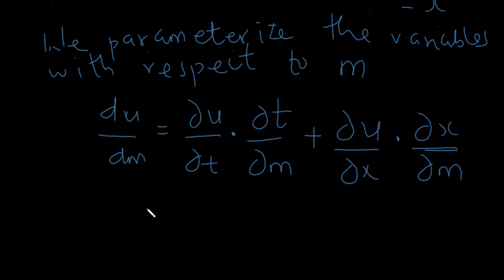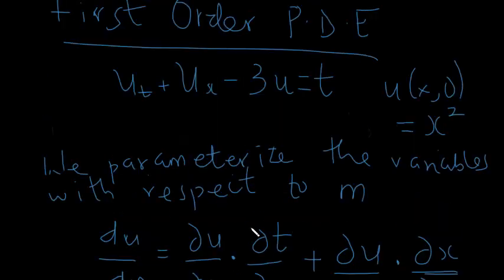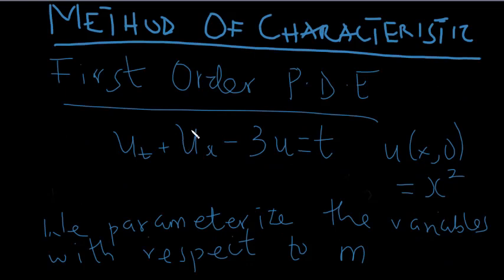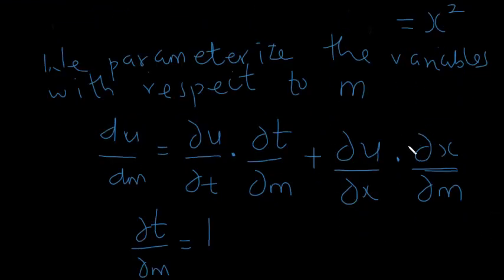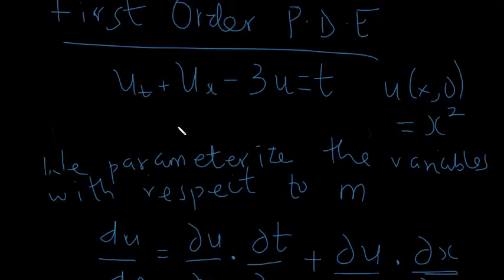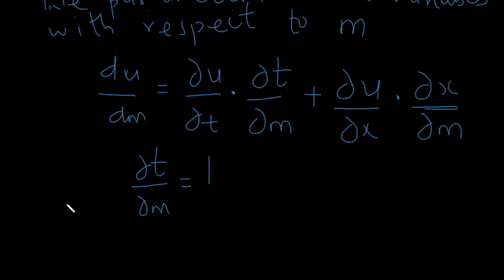So let me write that one here. ∂t/∂m is equal to 1. Then I do the same thing for the other one. ∂u/∂x is actually u subscript x, right? So your ∂x/∂m becomes 1 as well, right? So I have ∂x/∂m is equal to 1.